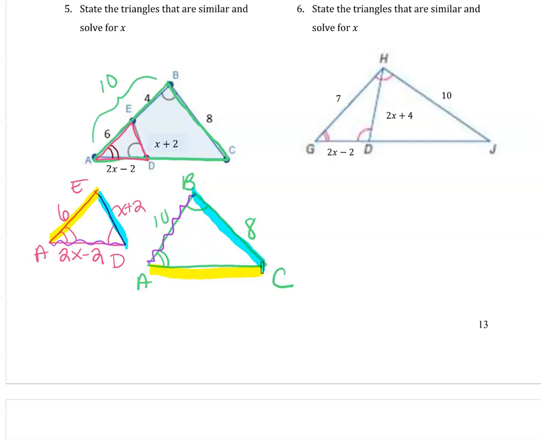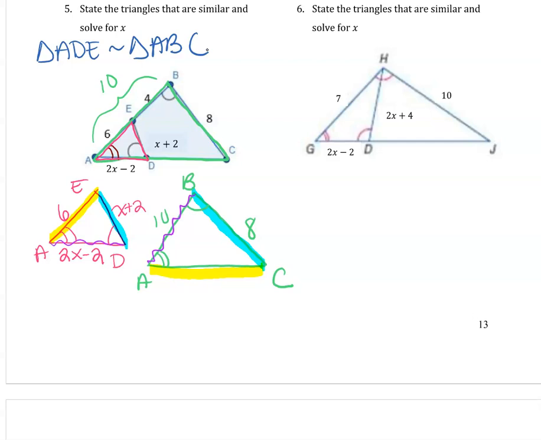Okay, so based on my work here, guys, I can say that triangle ADE is similar to triangle, now follow the same colors. So ADE went purple to blue, so ABC in my other triangle. Okay, those are similar by angle.